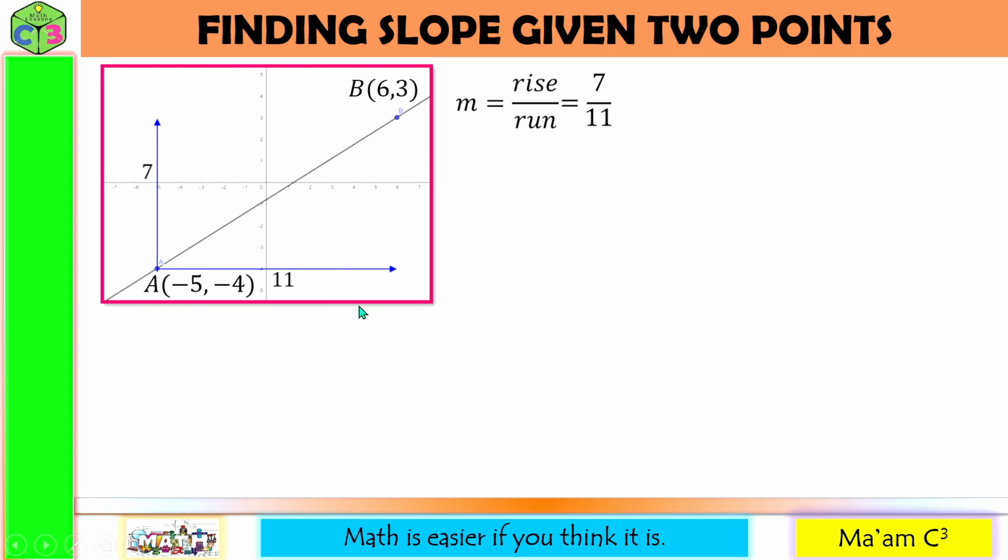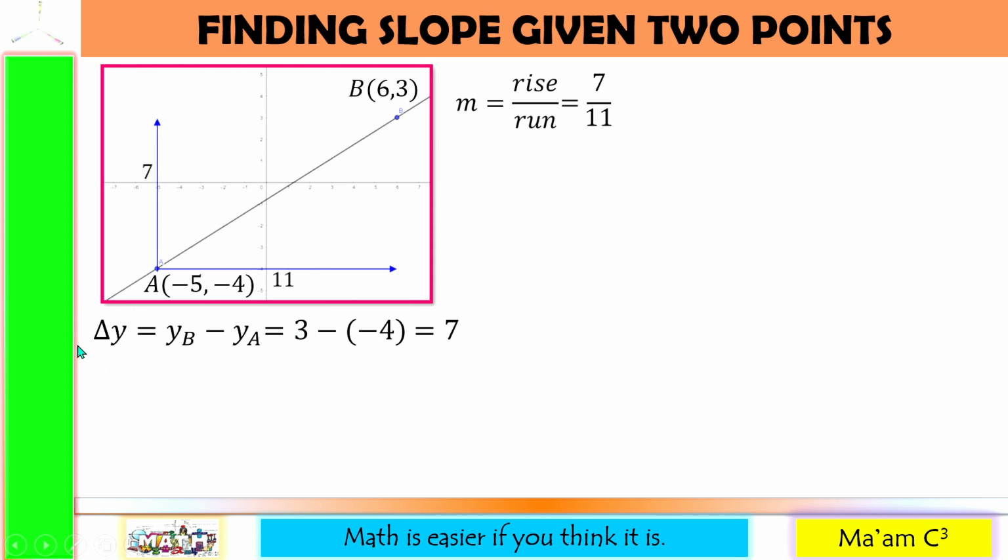So I'm going to solve for delta y, that is the change in y. So I'll consider y sub b minus y sub a, meaning y sub b, the y coordinate of point B, and y sub a is the y coordinate of point A. So, following the formula, y sub b is 3 minus negative 4. Negative, negative, this will become plus, so 3 plus 4 is equal to 7.